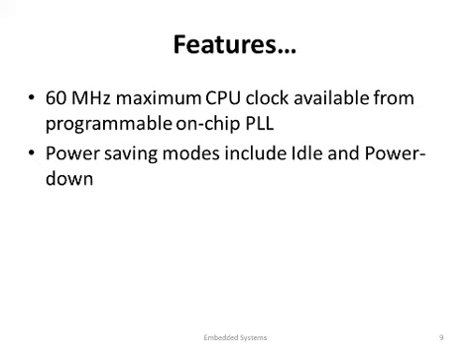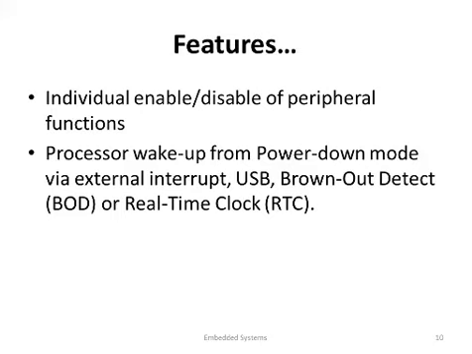Then the next one is features. The next feature is the clock. It can work with a 60 megahertz clock. It has an on-chip PLL, which will increase the internal clock signal to a higher frequency also. Then the power saving modes are idle mode and power down mode. You can enable or disable individual peripherals in the LPC2148.